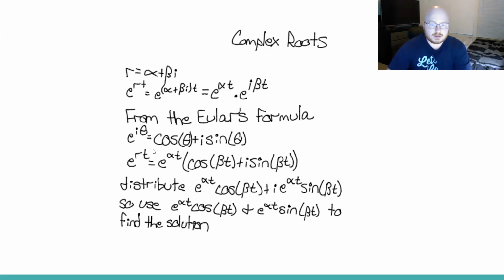Plugging this in gives us e to the alpha t times cosine beta t plus i sine beta t. Once you distribute this e to the alpha t across, you get e to the alpha t cosine beta t plus i e to the alpha t sine beta t. Then you can use both of these individual parts to find your solution.